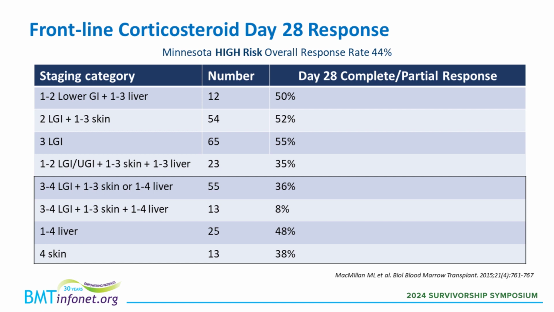So when you have GI tract involvement and or liver involvement of acute graft-versus-host disease, it's a signal to your provider and your care team that while of course we can give you frontline steroids, you're less likely to respond. And so consideration of next line agents or a clinical trial should be heavily weighted.